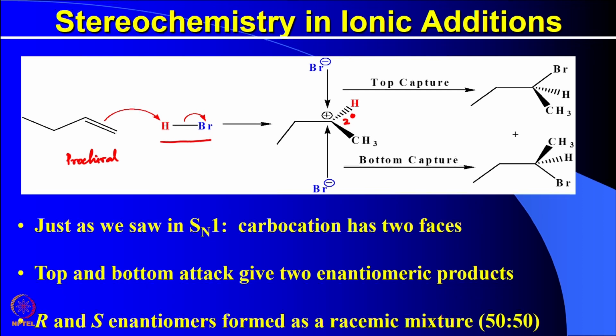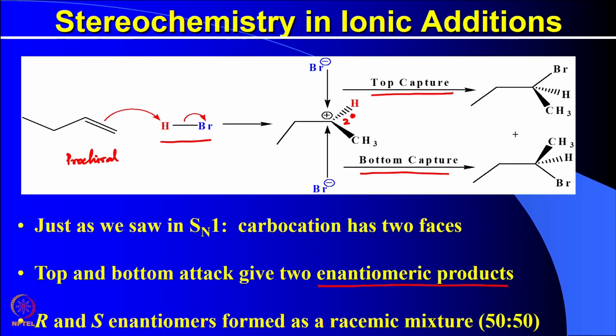So this top capture of bromine and bottom capture of bromine result in two different compounds which are essentially a pair of enantiomers.